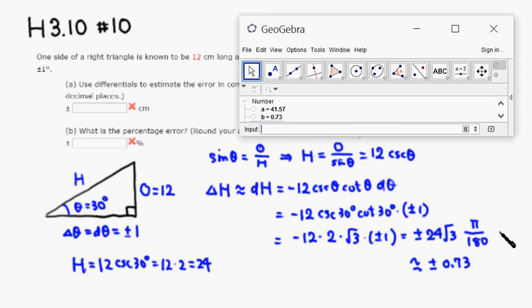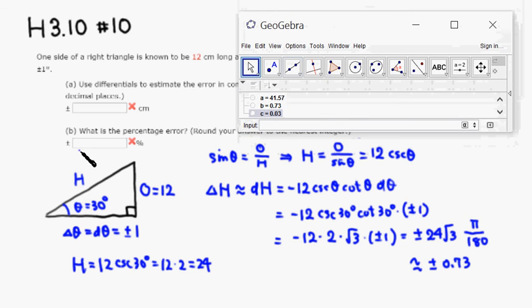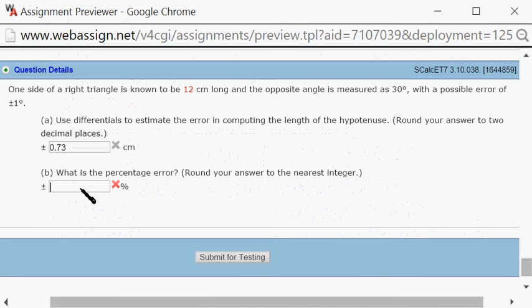It came out to be about 0.03, and we need to round to the nearest integer. This is a relative error. Multiply by 100, and that gives you 3.